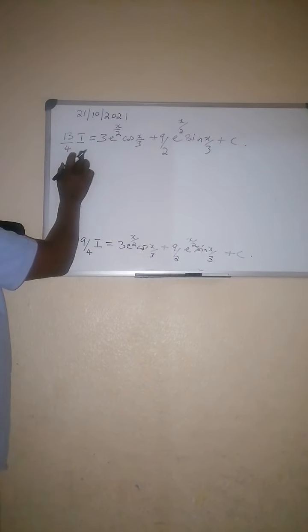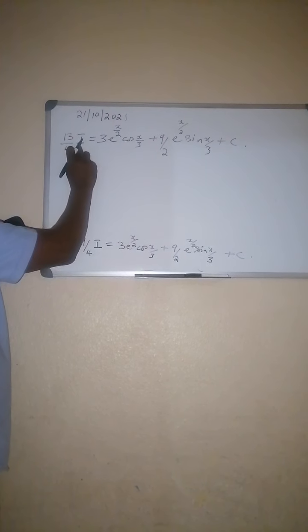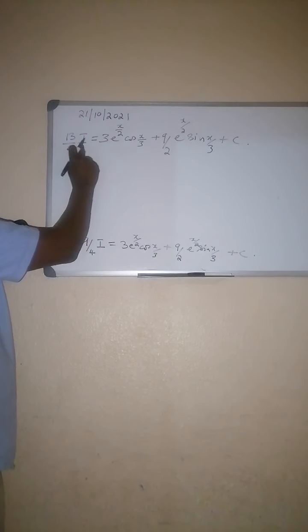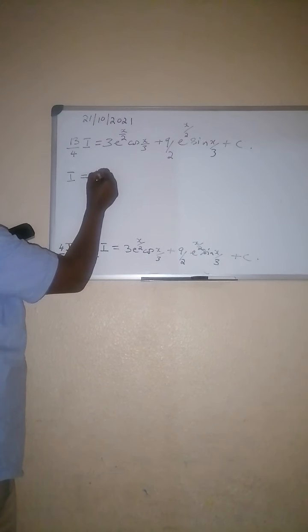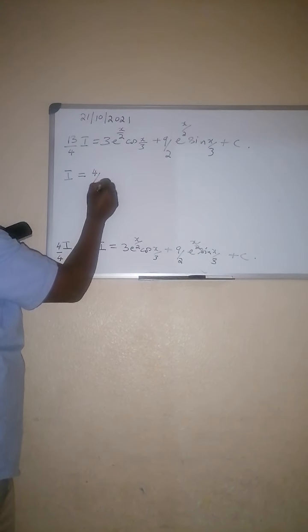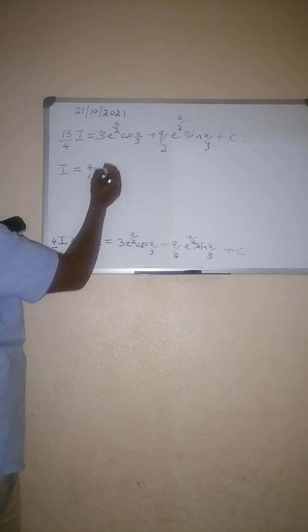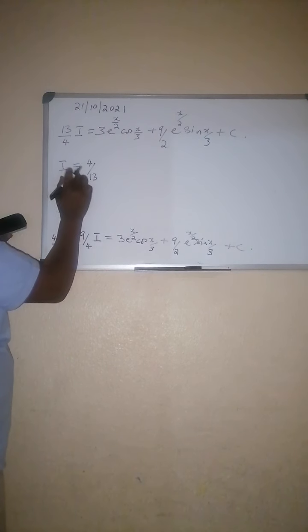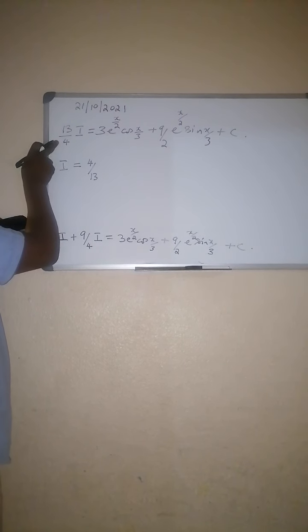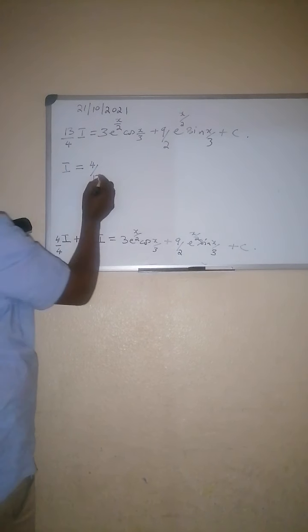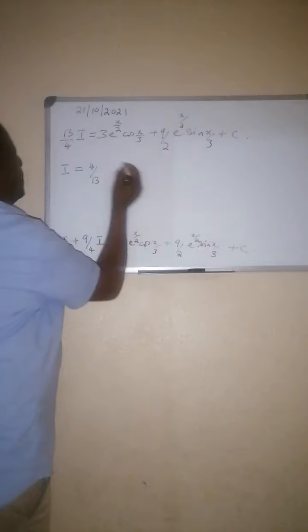But now because I'm looking for the integral of, it means I can counter that by multiplying by the multiplicative inverse, where I will need to counter the 13 over 4 by multiplying it with 4 over 13, which then applies to everything.